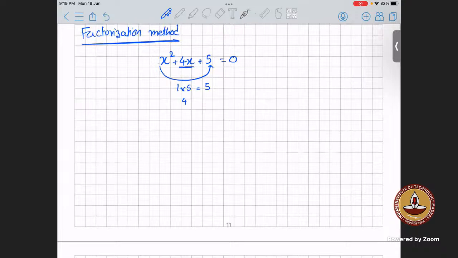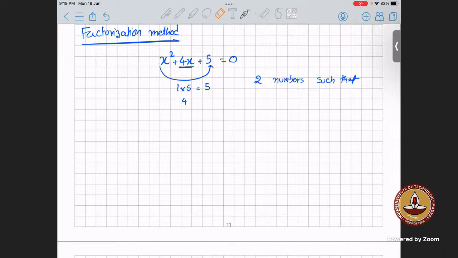Now we have to select two numbers such that... Sir, it can't be factorized. We cannot find the roots by this method. So it can't be factorized.